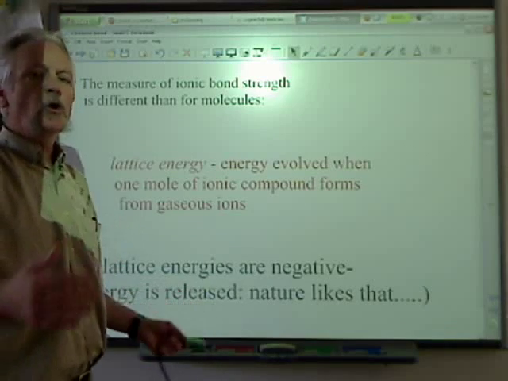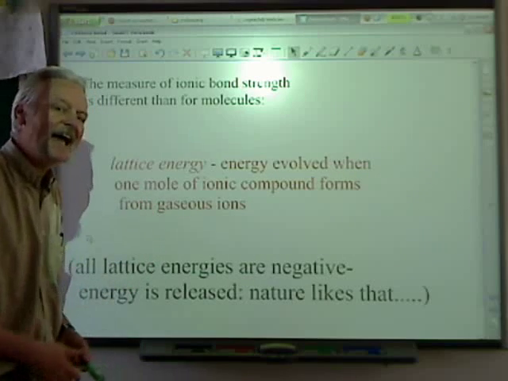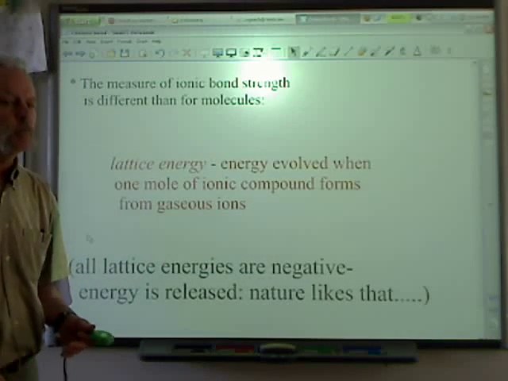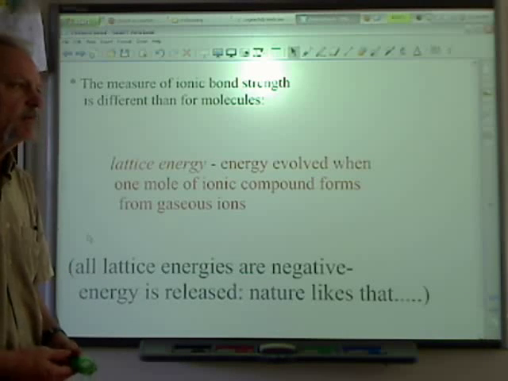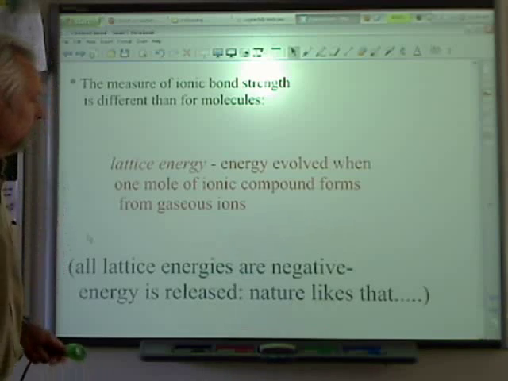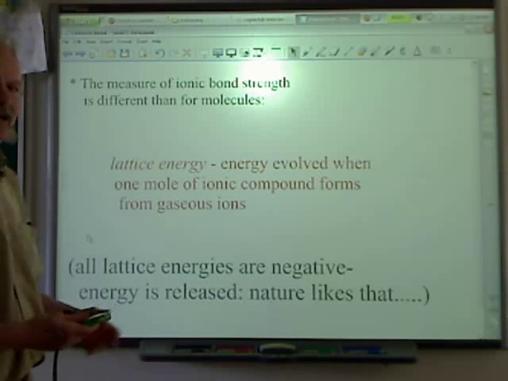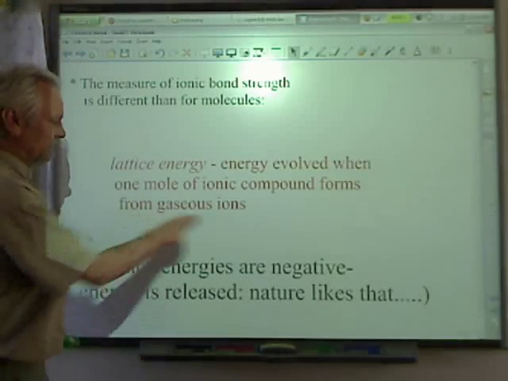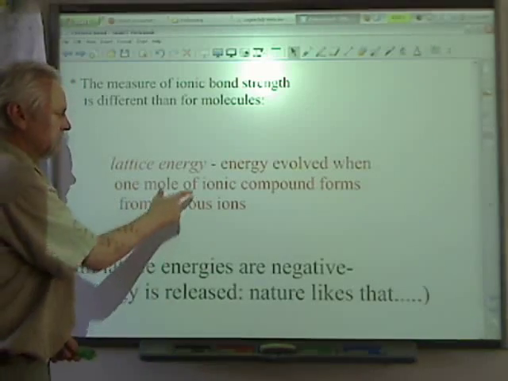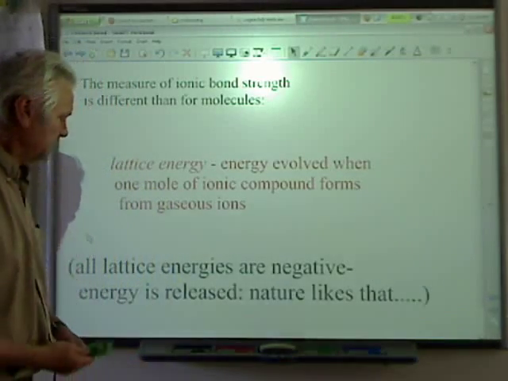We have to take a bulk property approach, and we do so by talking about the lattice energy of ionic compounds, which, although it can be defined in a number of different ways, can be thought of as the energy that evolves when 1 mole of ionic compound forms from its gaseous ions. And because all these gaseous ions would have very, very high energy, and when they all get together into 1 mole of solid ionic compound, they all have quite low energy.